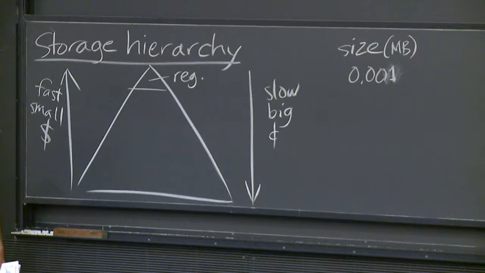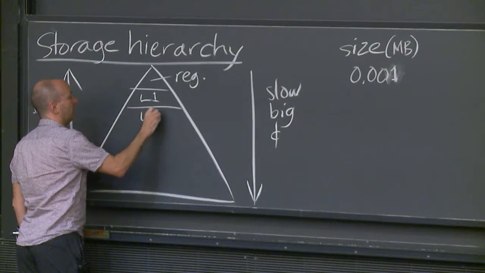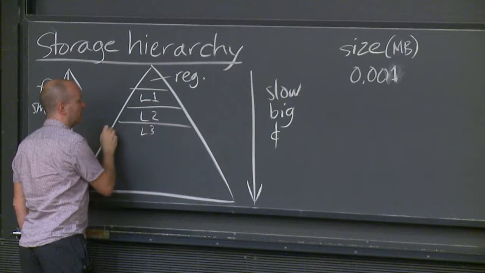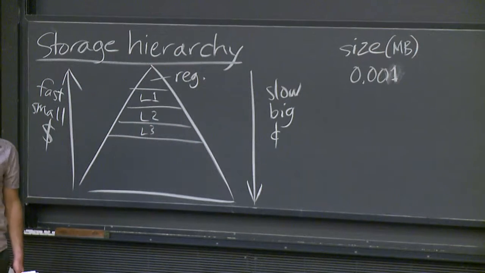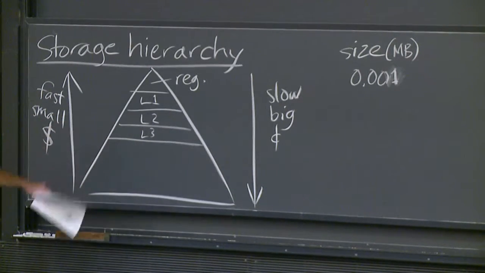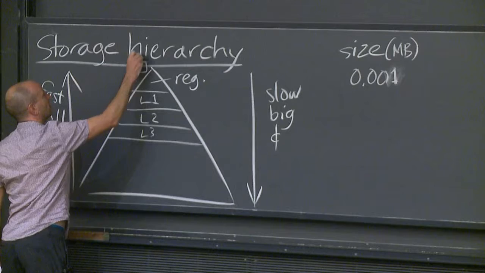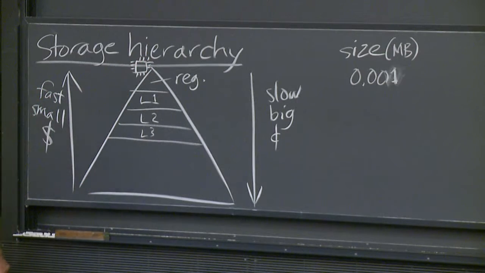In modern computers, there's actually multiple levels of cache. We have the L1 cache, the L2 cache, the L3 cache, and on some computers you'll have L4 caches. The smaller ones are closer to the processor. You can think of the processor as sitting like the high priestess at the top of this pyramid, waiting for the data to be delivered to her.